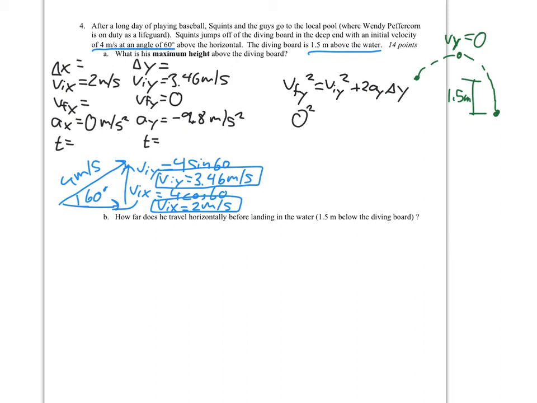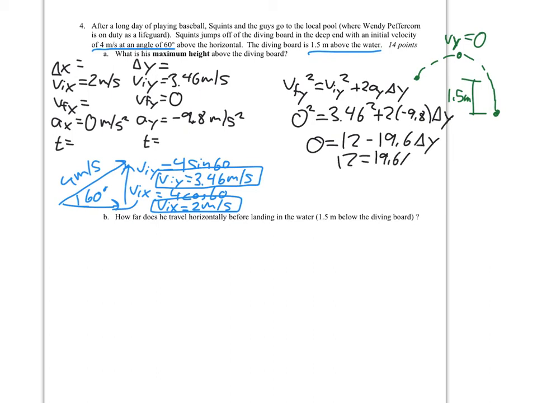So I can say 0 squared equals 3.46 squared plus 2 times negative 9.8 times delta y. And so I end up getting 0 equals 12 minus 19.6 delta y. And so I find that my delta y here is 0.612 meters.